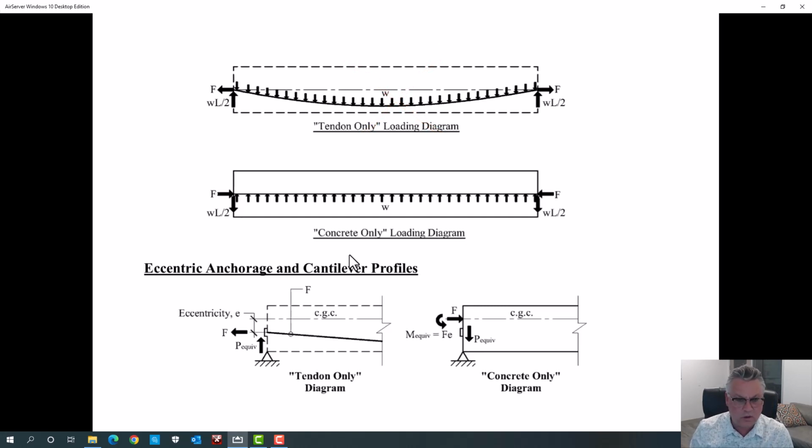You are going to create the tendon-only diagram, get that tendon by itself, a tendon group in equilibrium. You're going to turn around and do the exact equal and opposite on the concrete loading diagram. Get yourself convinced that these are equal and opposite, that are actually statically canceling each other, creating a grand total of nothing statically.